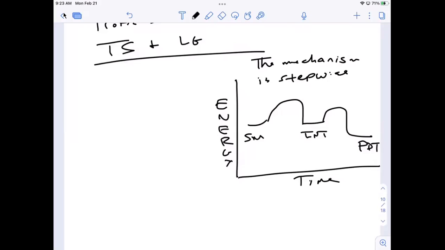So when we think about the transition state and the first step being rate determining, the only thing that controls the rate is the loss of the leaving group.